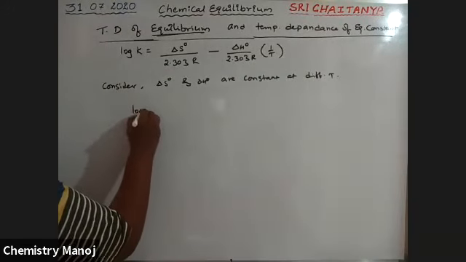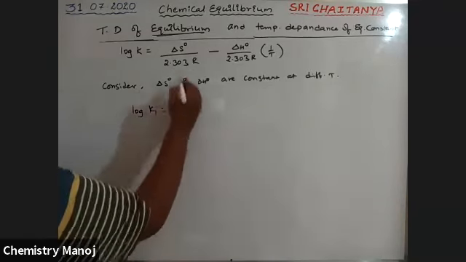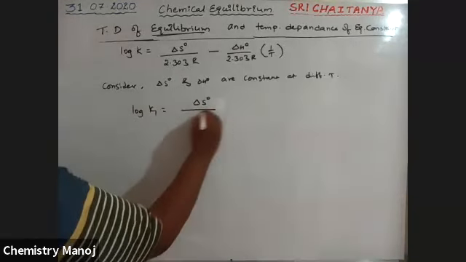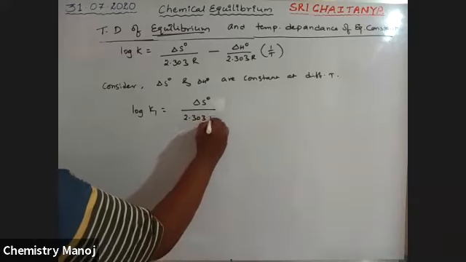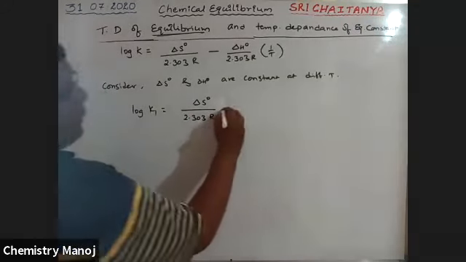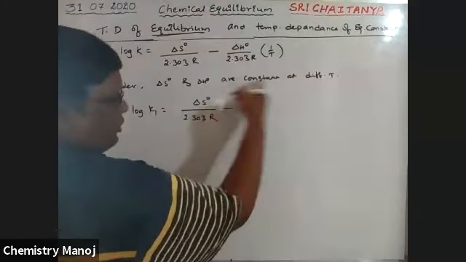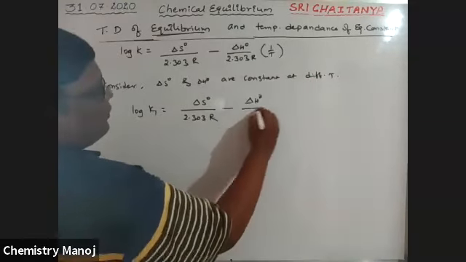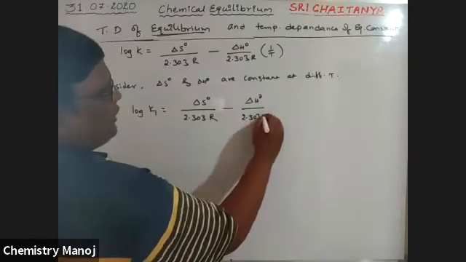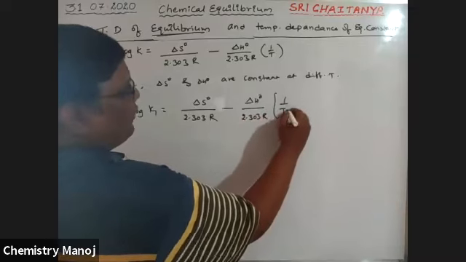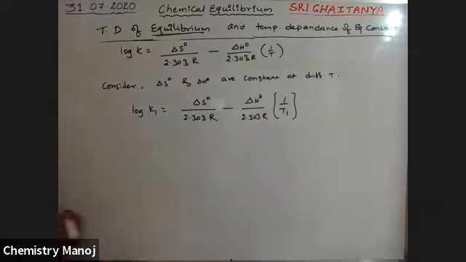So log K1 is equal to delta S naught by 2.303 R, constant, minus delta H naught by 2.303 R, also constant, into 1 by T1.